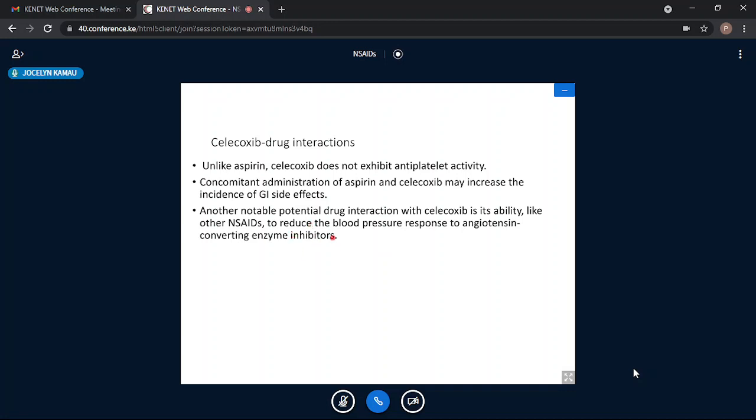Angiotensin is responsible for vasoconstriction. So if you give angiotensin converting enzyme inhibitors, you inhibit the formation of angiotensin, a vasoconstrictor, and therefore you lower blood pressure. So if you give celecoxib, just like other non-steroidal anti-inflammatories, with these drugs, they will decrease their activity.